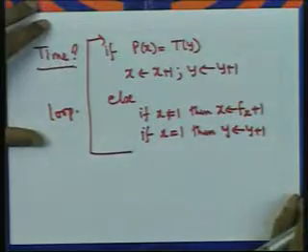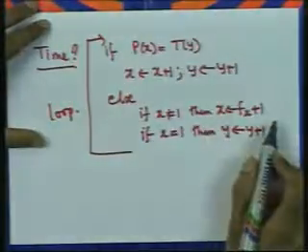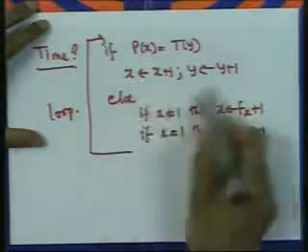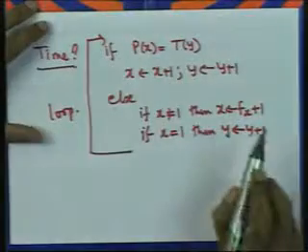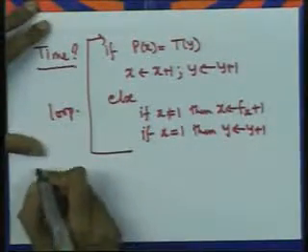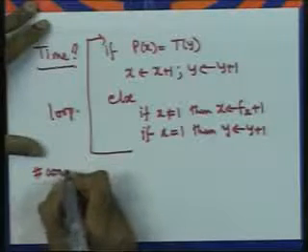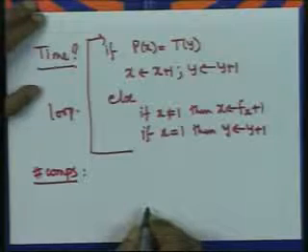So how much time does it take? Well, it's the number of times these statements are executed. So how many times are these executed? Well, I can count the number of comparisons. This will tell me the order of the algorithm.